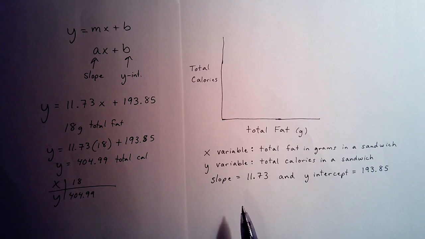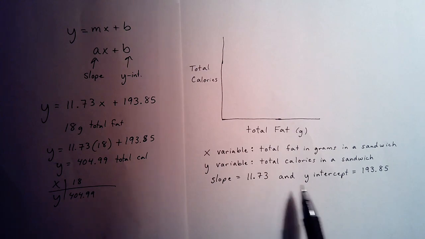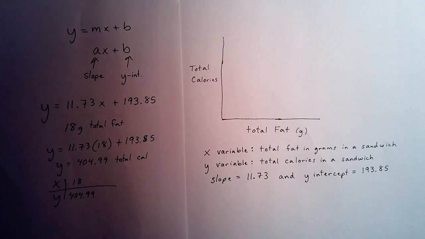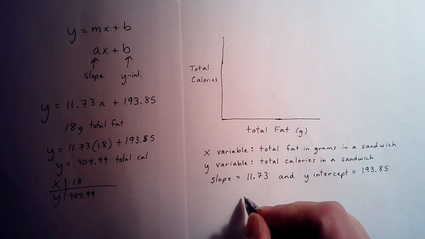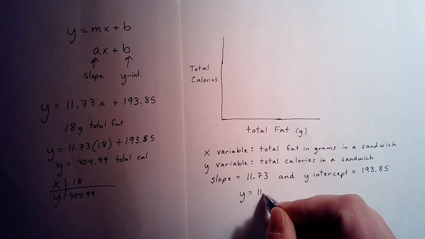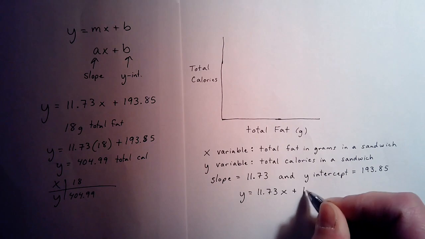And then from our calculator, we found that the slope of the linear regression was 11.73 and the y-intercept was 193.85. That led us to our equation for our line of best fit of y equals 11.73x plus 193.85.